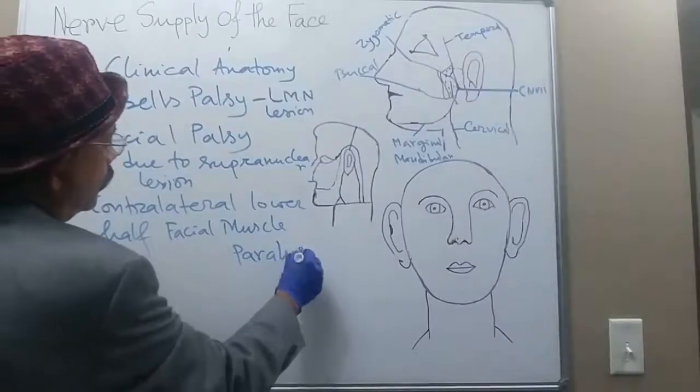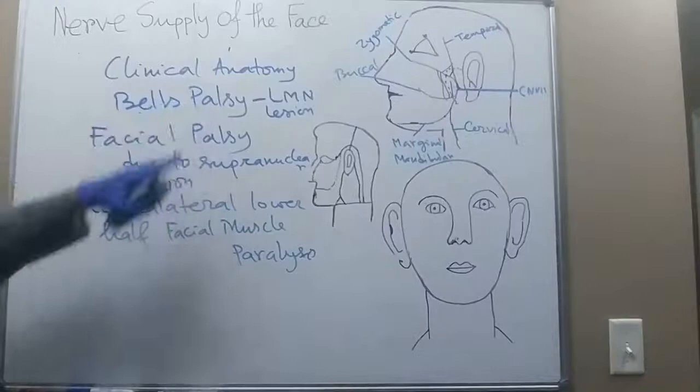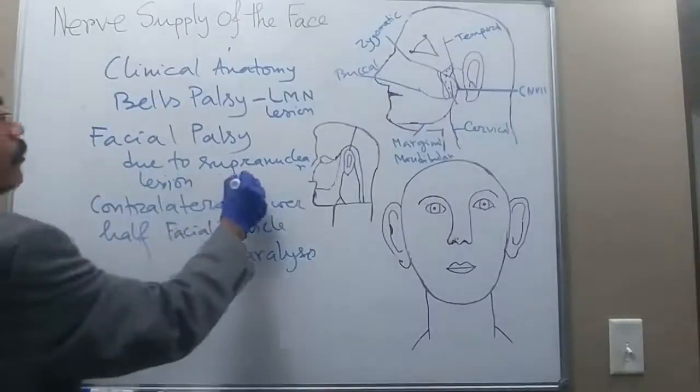We got the facial nerve palsy. This is a lower motor neuron lesion, and this is an upper motor neuron lesion.